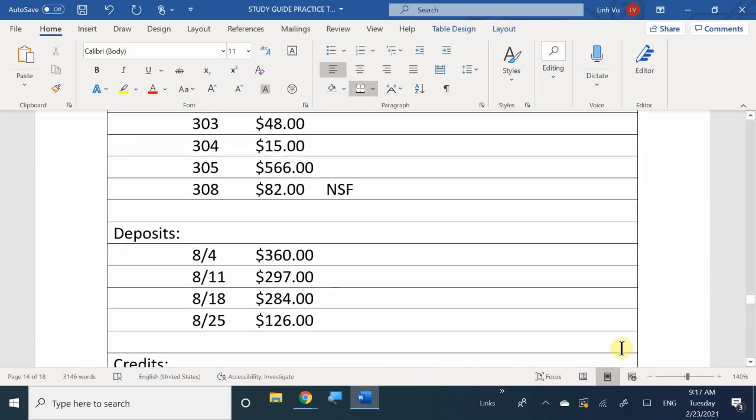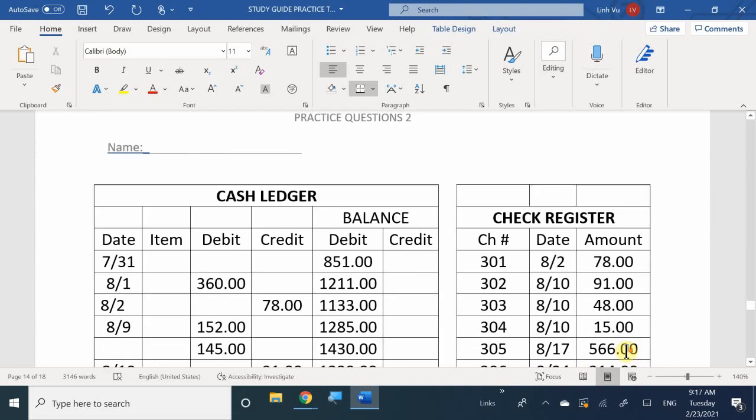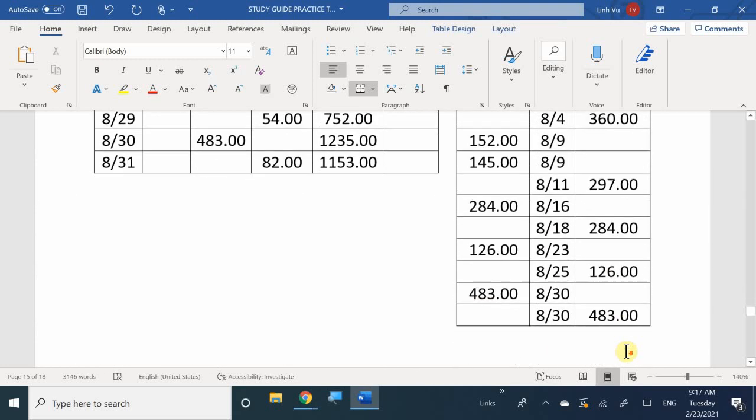They only cleared 4, right? So which one did not clear? August, oh, wait, let's see.